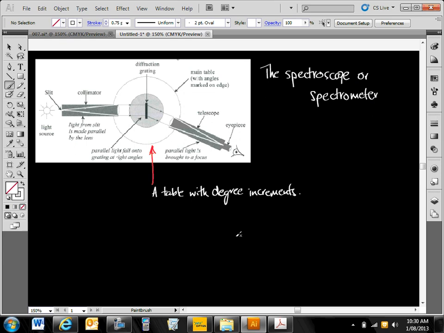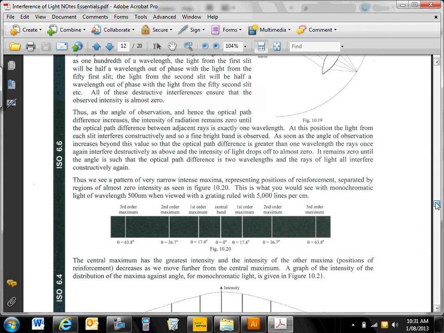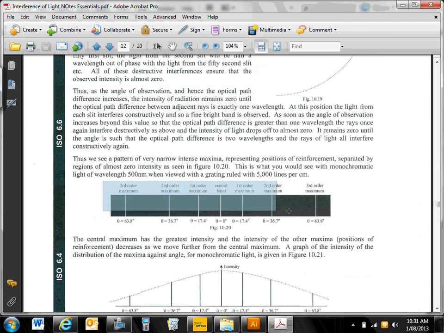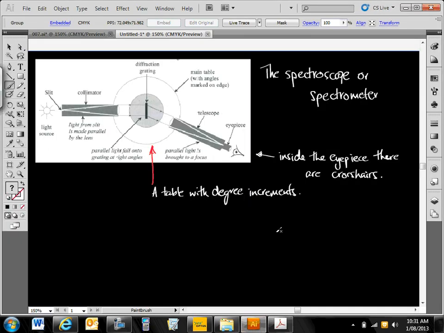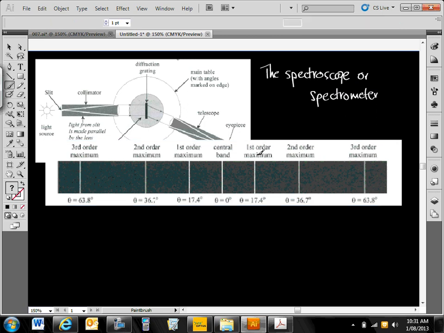Inside the eyepiece we have crosshairs. This is what you'll see. You won't see it all at once, you'll see just an area of it.